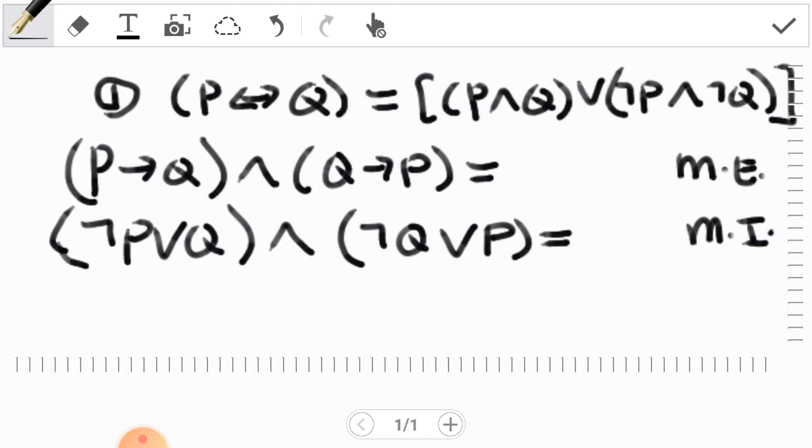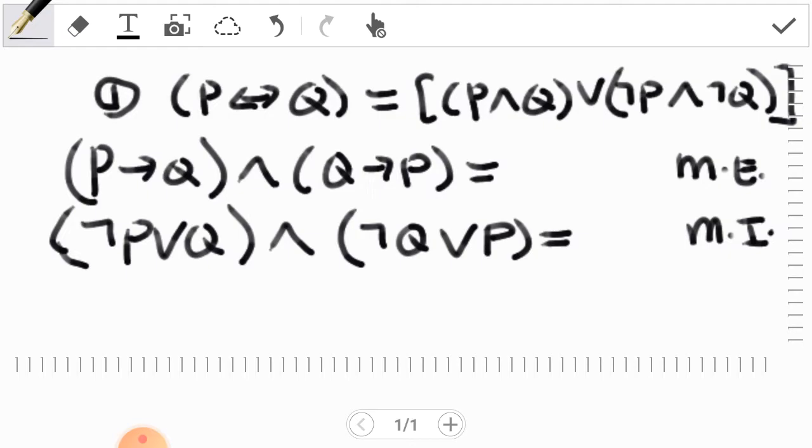Next, what else can we do now? So maybe what we can do is, let's compare again. Comparing the left side with the right side. For your right side, P and Q are together, not P and not Q are together.